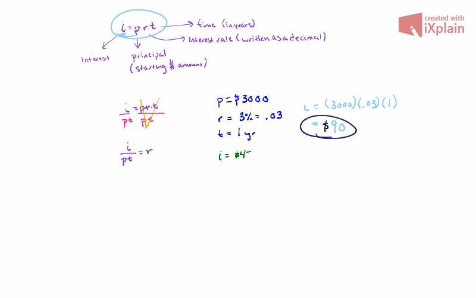I didn't have that money to begin with, but by investing it into the account, I've earned this additional money. That's my interest. And I earned that interest off of an initial investment of $2,000. I left it in there for 4 years.